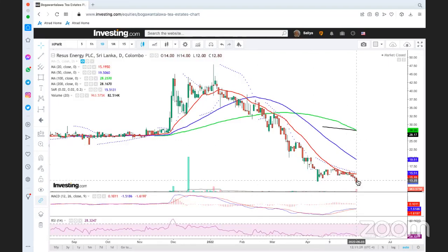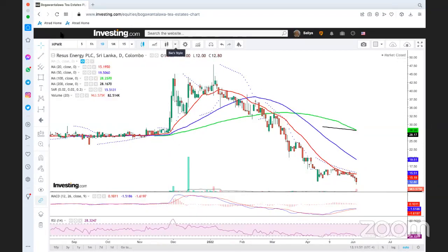This is basically a lower low compared to this low. This low is 13 rupees. Here it has come down to 12 rupees. So there is no uptrend, and even the lower low and the next high is not there. So there is no point looking at it.